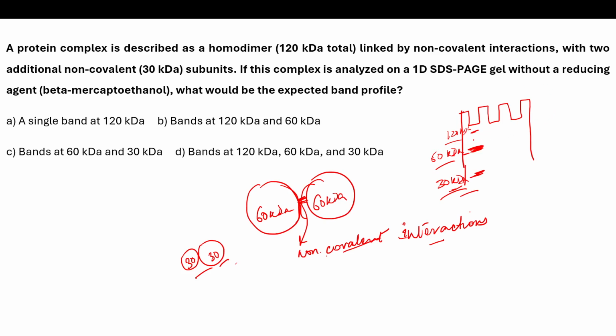If it had been a native PAGE, then this homodimer would have run at 120 kDa. Okay. So out of the options, what would be the expected band profile? Bands at 60 and 30 kDa.